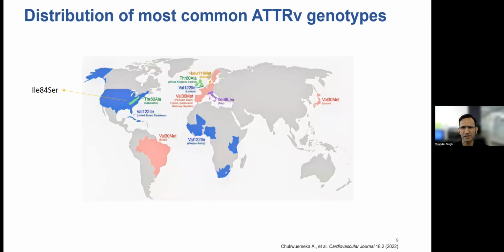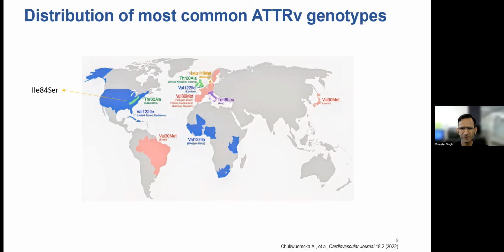When it comes to the distribution of ATTR genotypes, there are different mutations which are linked to different geographical regions. Wild type is the most common kind of ATTR amyloidosis, accounting for more than 50% of cases. Beyond that, when it comes to mutant transthyretin, V30M is the most prevalent, which occurs again in different geographical regions.